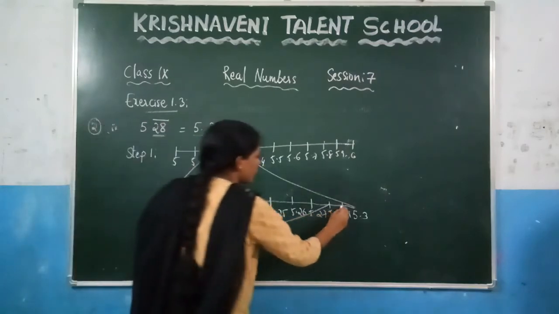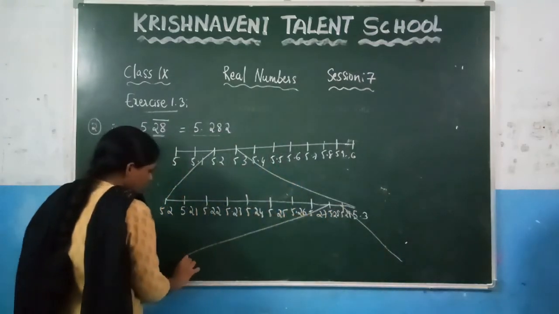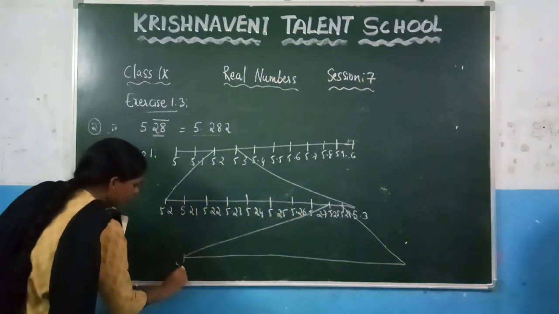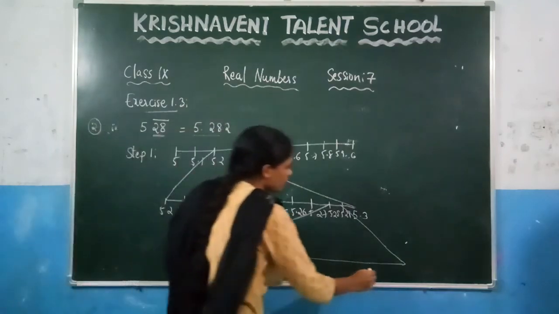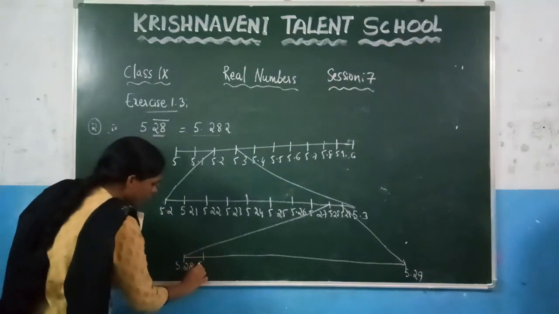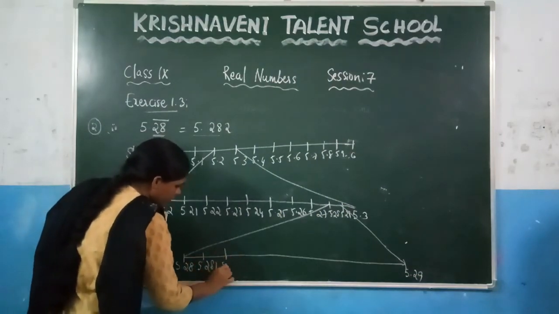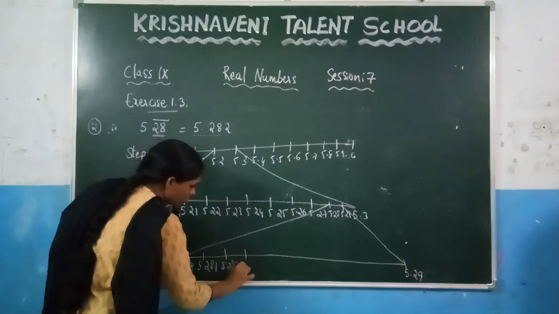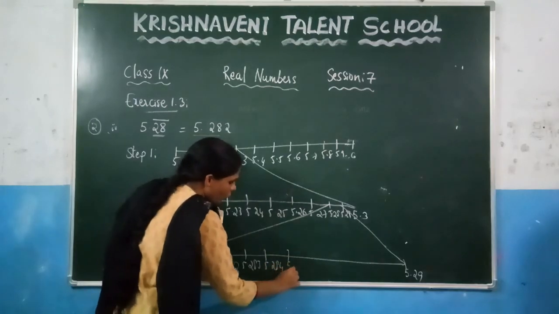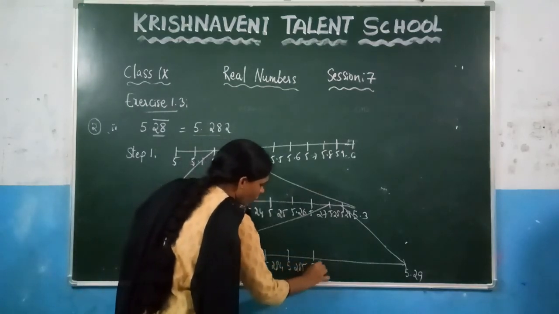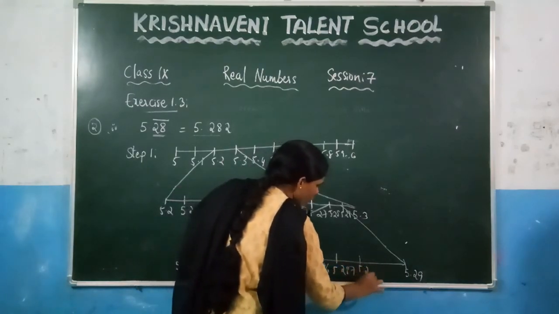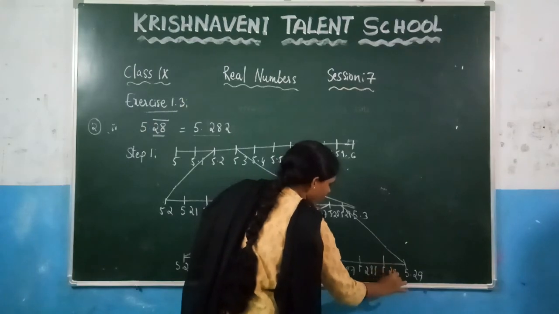Now again, draw the number line. What is this number? 5.28 and 5.29. In between these numbers, what will be located? 5.281, 5.282, 5.283, 5.284, 5.285, 5.286, 5.287, 5.288, 5.289.